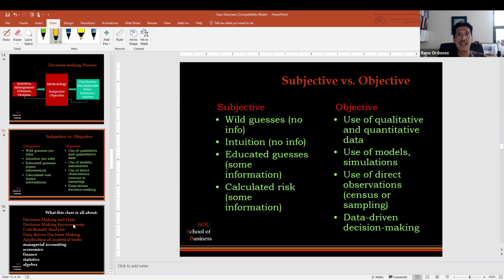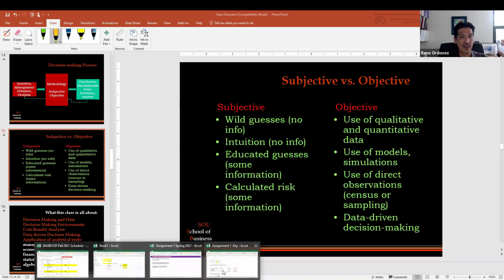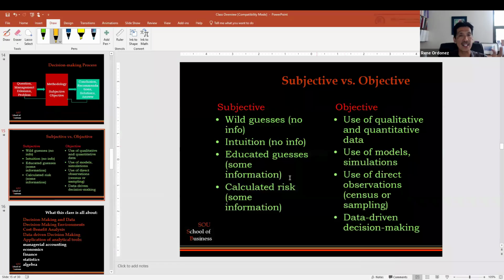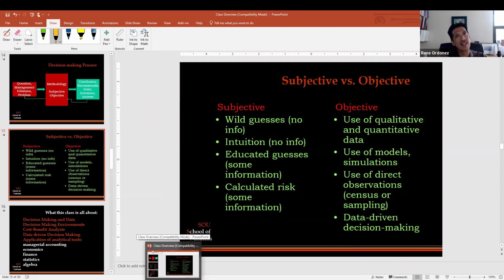This is something that we will cover when we discuss decision theory. It's not in the first 3 weeks. I think it's on the second assignment, where we use the concept of decision theory to evaluate choices.